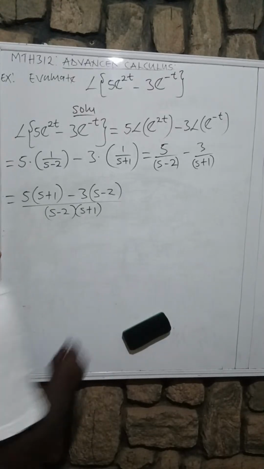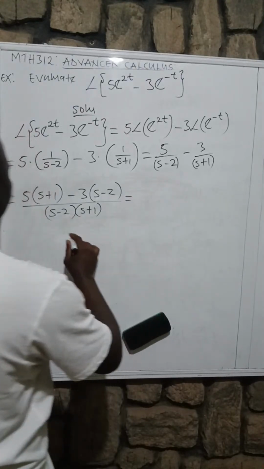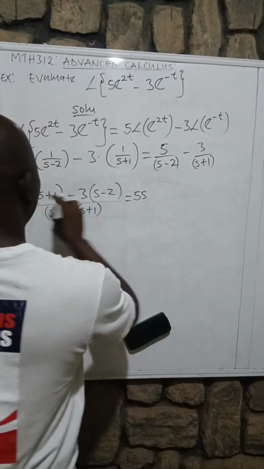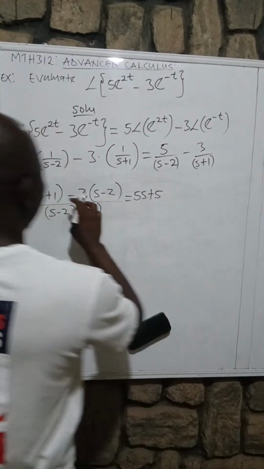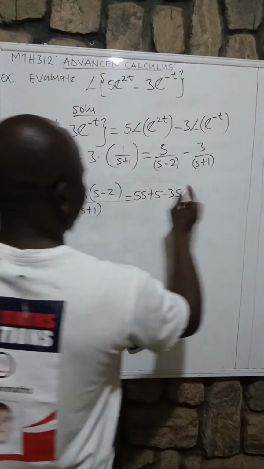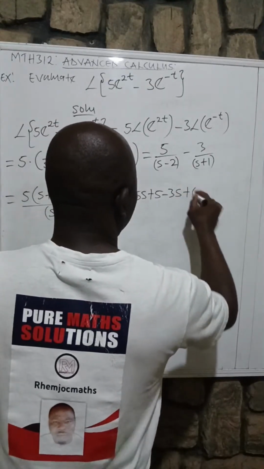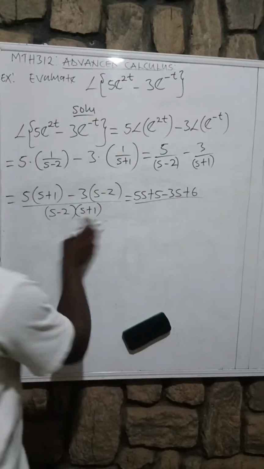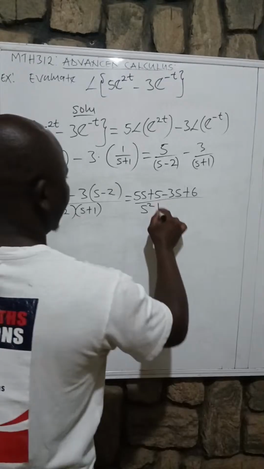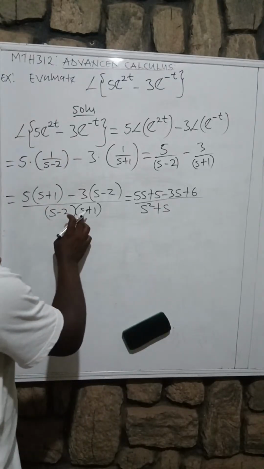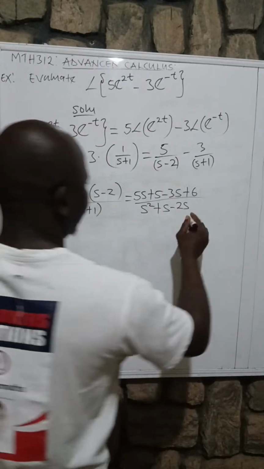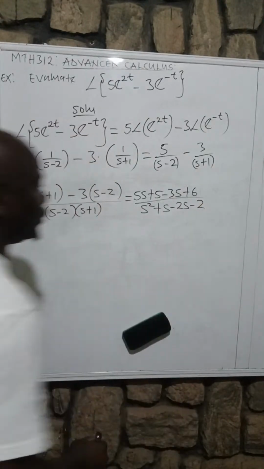So 5 times s is 5s, 5 times 1 is plus 5, minus 3 times s is minus 3s, minus 3 times minus 2 is plus 6, all over s times s squared, s times 1 is plus s, minus 2 times s is minus 2s, minus 2 times plus 1 is minus 2. True or false?